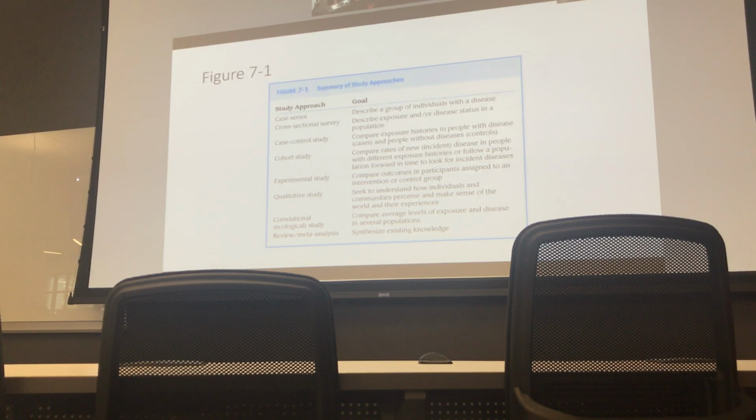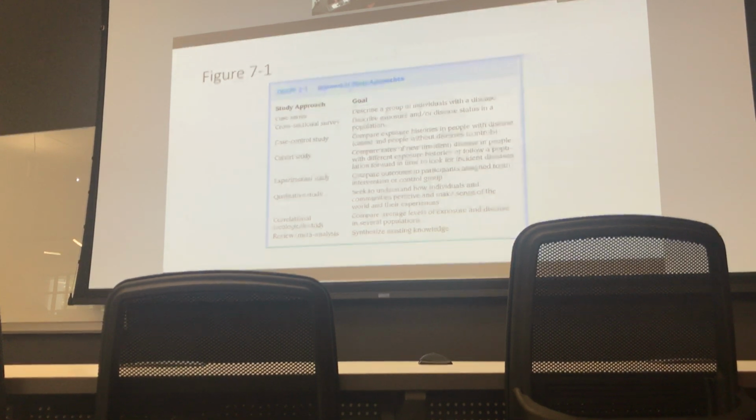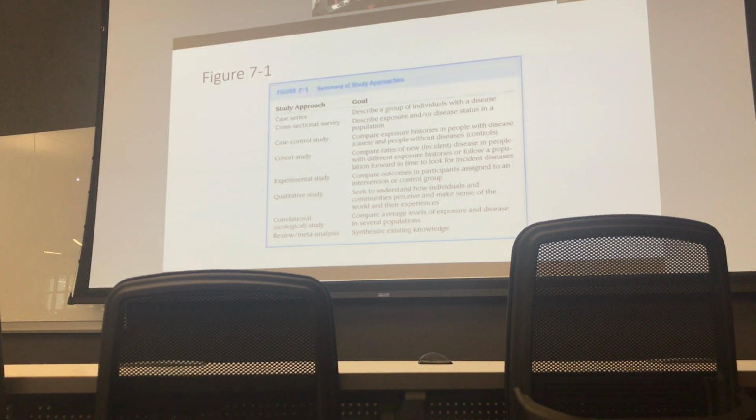Then we have the cross-sectional survey. This is very common. You usually see this on SurveyMonkey, or, for example, after your classes you get an evaluation to rate the professor or the content. That's essentially a cross-sectional survey, and it's usually designed to describe exposure and disease status in a population. Say you want to know how many pharmacy students got the flu in the spring.